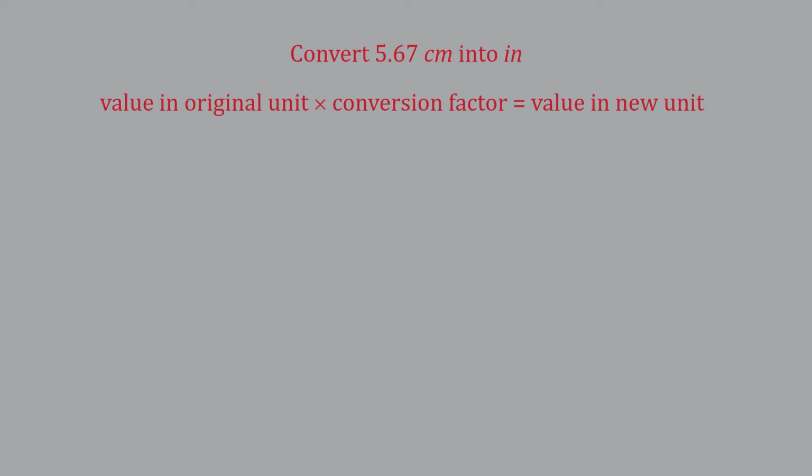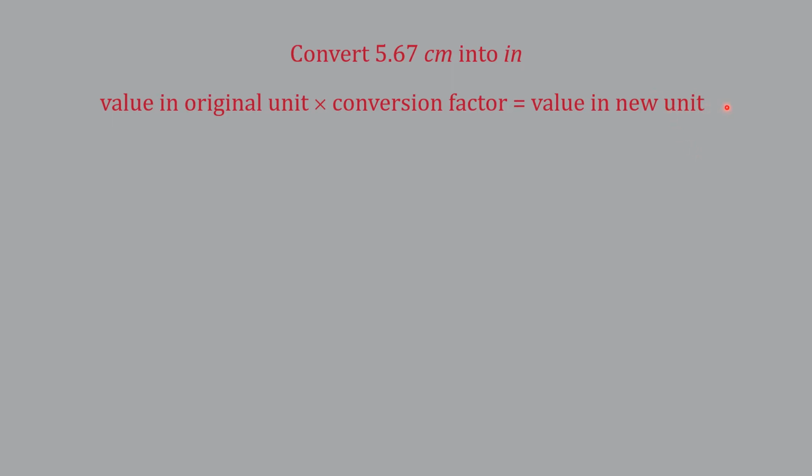Now, this is also a very important string of characters for this class and for, well, life in general. These conversions all have the same scheme. You start with a starting point, the value in some original unit, and then it's multiplied by a conversion factor, and the answer is going to be the value in the new unit.